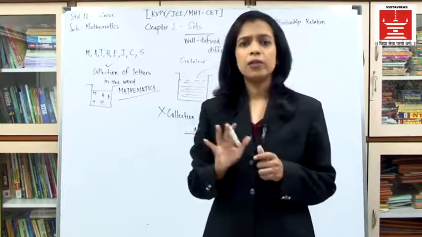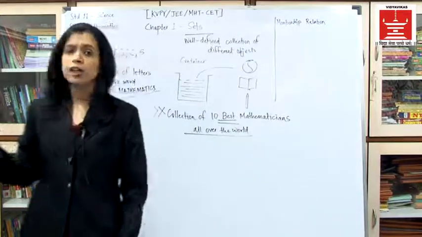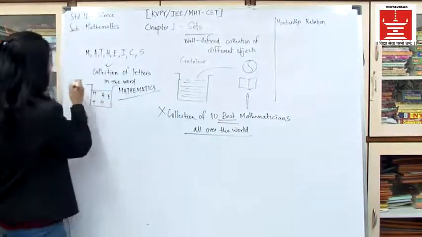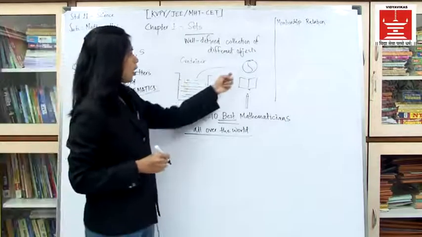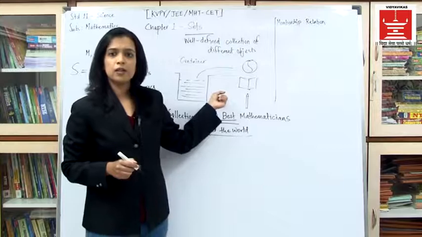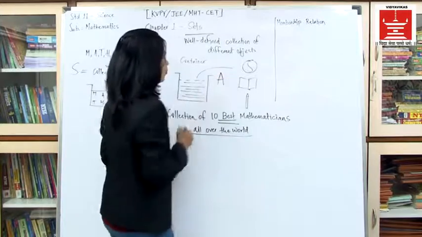Sets are often denoted by capital letters. So this set, the collection of letters from the word mathematics, can be denoted by the letter S. This collection of things a schoolgoer has can be denoted by, say, A.